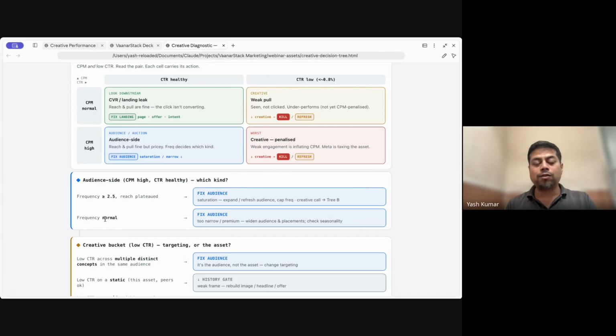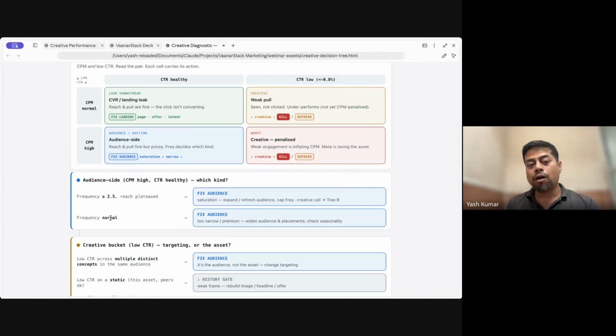If frequency is normal, right? Now both are written as fix audience, but both have different meanings in terms of what needs to be done. So in the first one, it is saturation. So we probably need to expand and refresh the audience, maybe change the audience targeting a little bit, expand something so that you are able to change that a bit.